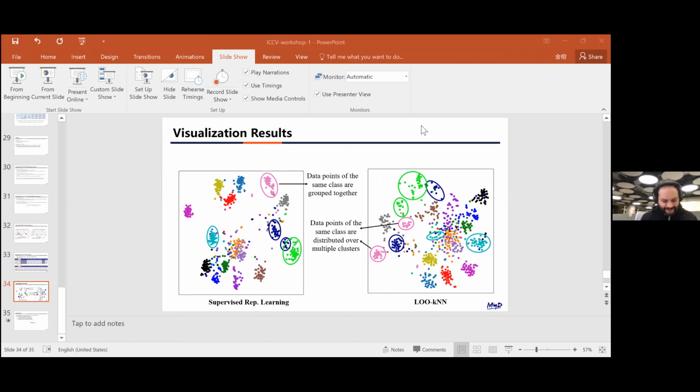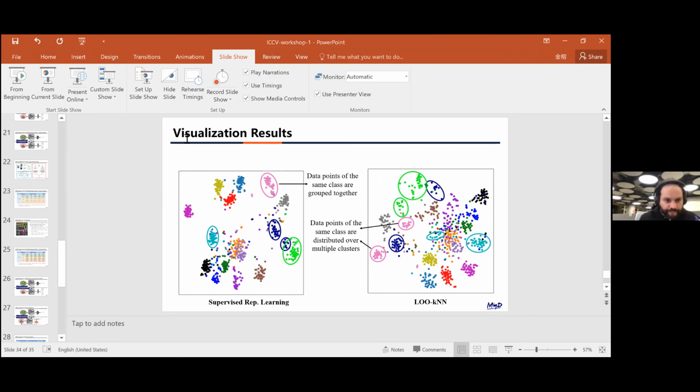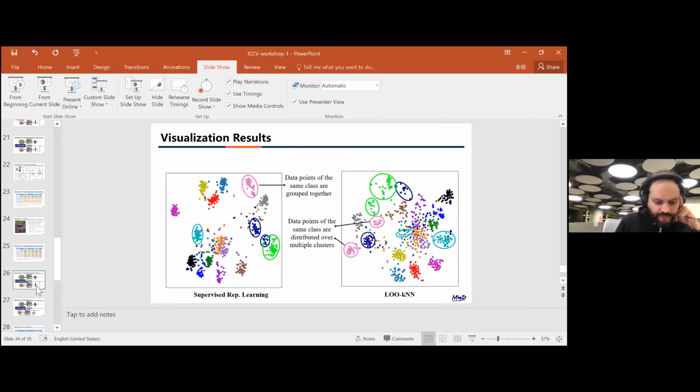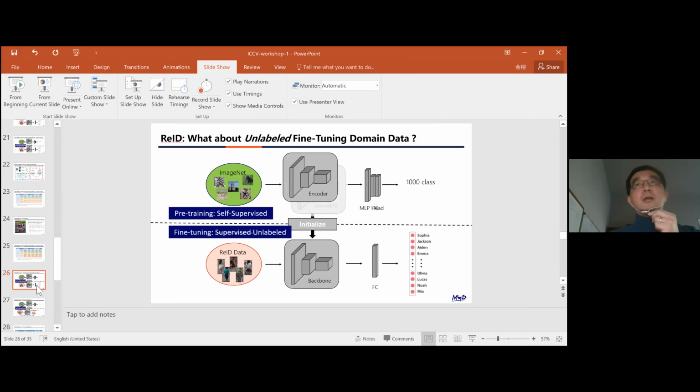Yeah. But I was going to ask about the other part of the talk, the re-ID using domain adaptation. I was trying to understand a little bit more detail. I think it's the third part of the talk, re-ID using unsupervised domain adaptation.